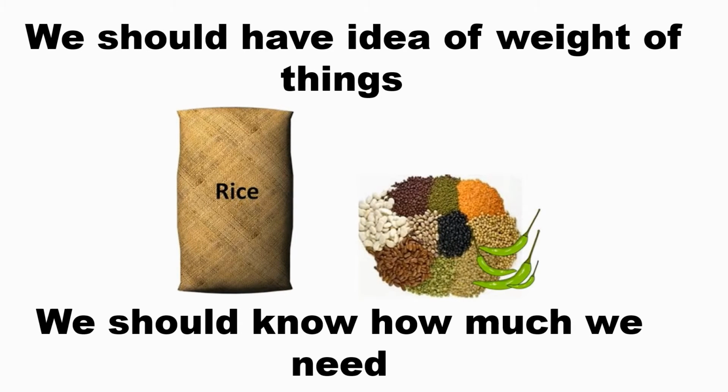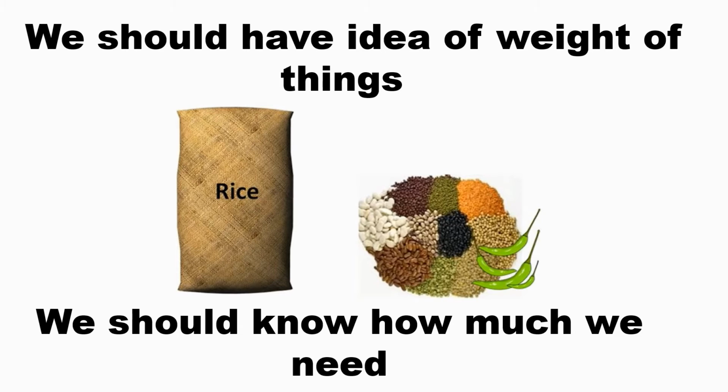Generally, your mother knows how much vegetables, rice, wheat, etc. are needed for all in the family. Like she buys 10 kilogram of rice or wheat, but only 3 or 4 kgs of pulses or dal, and maybe only 200 grams of chilies.